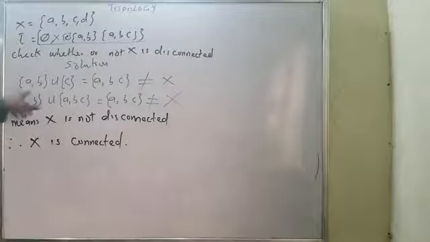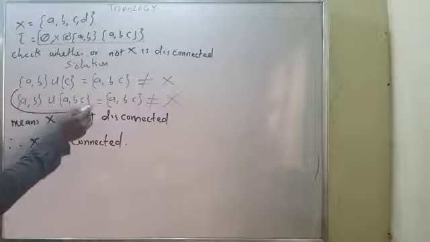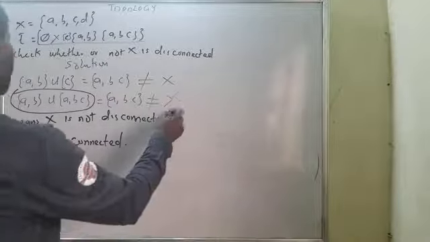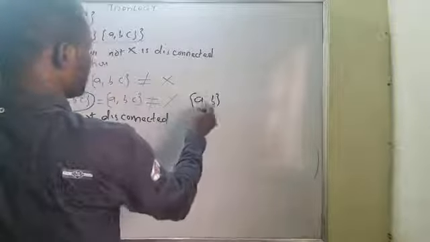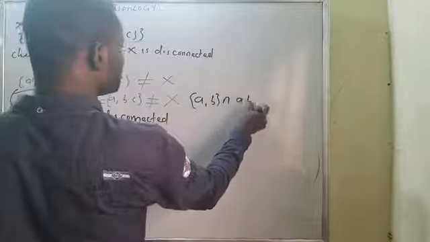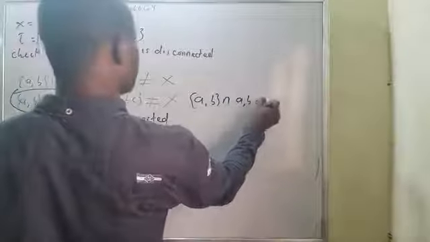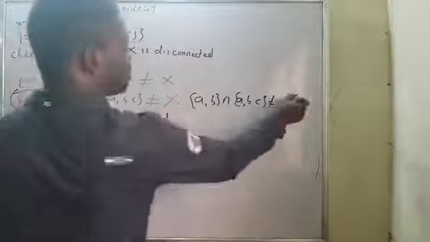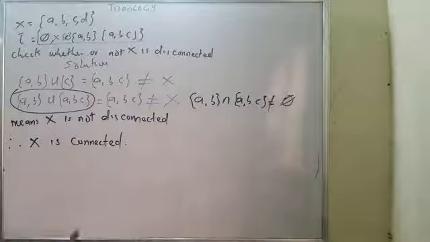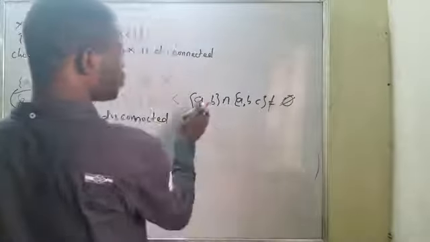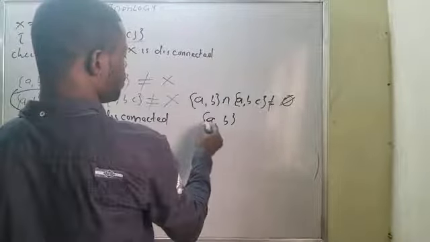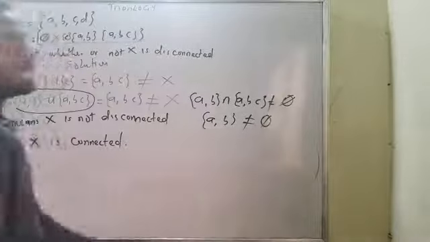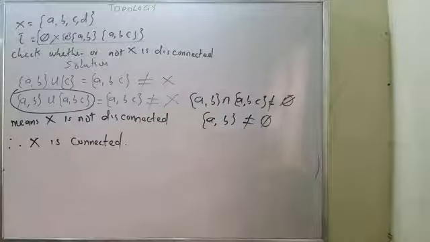I will now go for their intersection, which is going to be A, B intersection B, C. Definitely, this is not empty, because you can see that their intersection is equals to A, B, which is not empty. Now, since it's not empty, it means the given set S is connected. S is connected.